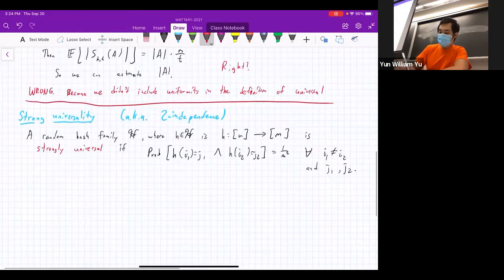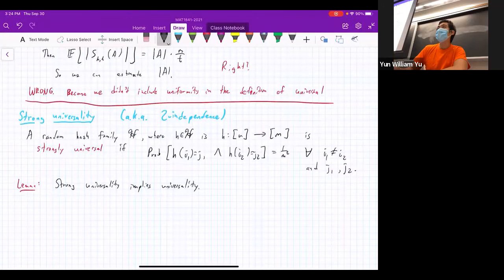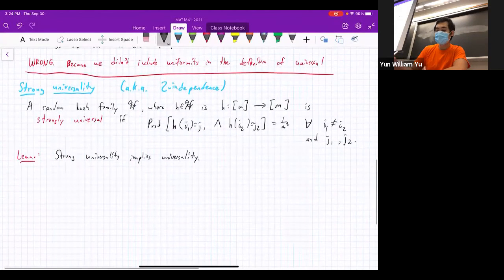So I'm just going to mention a very easy lemma, which I'm not going to prove: strong universality implies universality. So this is a strictly stronger condition.